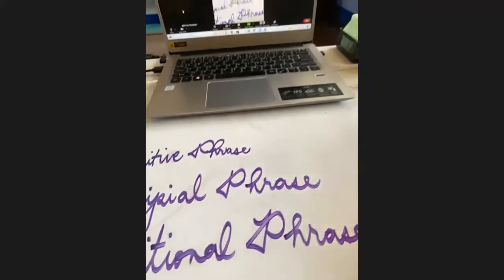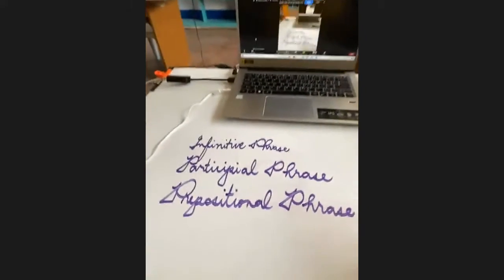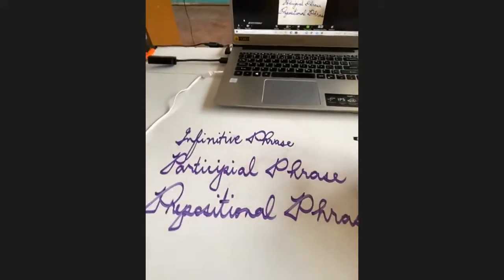As said, these three phrases function as modifiers. They can function as adjectives.